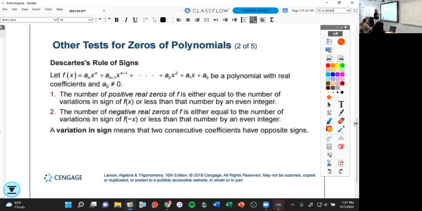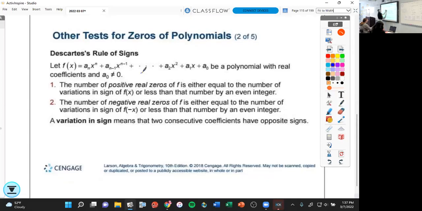Okay. All right. What we're looking for is sign changes. So if f of x was, I'm just going to make something up, x to the 5th minus x to the 4th minus 2x squared plus 3. What's the sign of the first term?